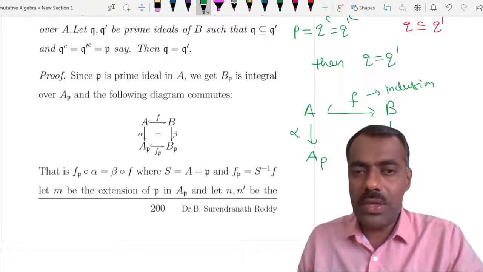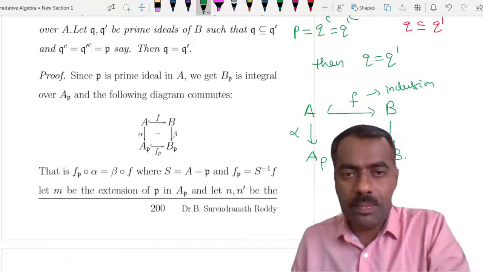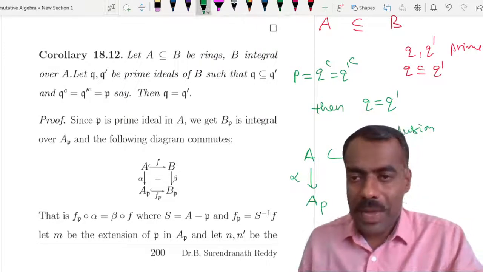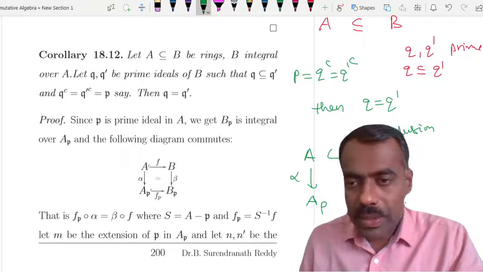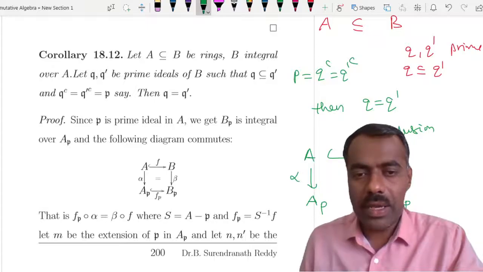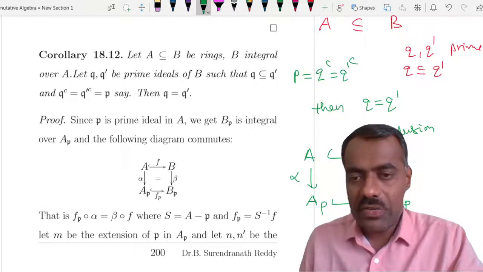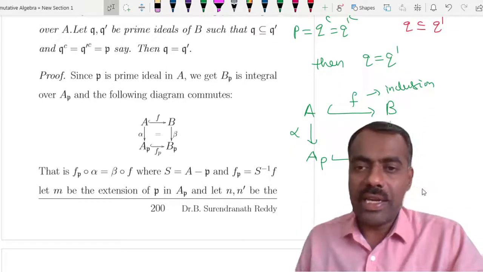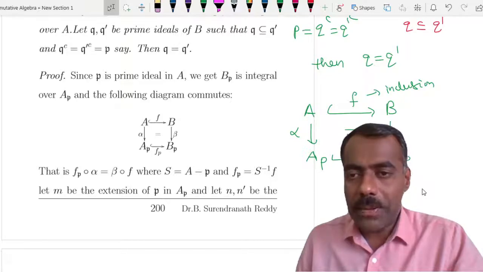Similarly B to B_P, because you take this prime ideal P, and from this one we have F_P. We have seen such results.